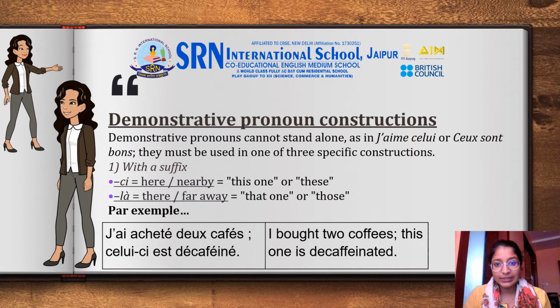Now, dear students, let's see the construction of these demonstrative pronouns. Demonstrative pronouns cannot stand alone, as in j'aime celui. We cannot use it totally alone, like j'aime celui, I like this. No, it has to be used with one of two specific constructions that I'm going to tell you.